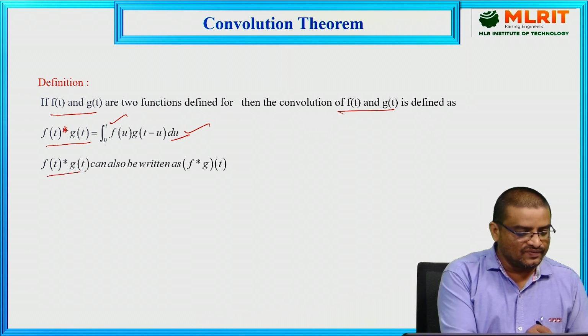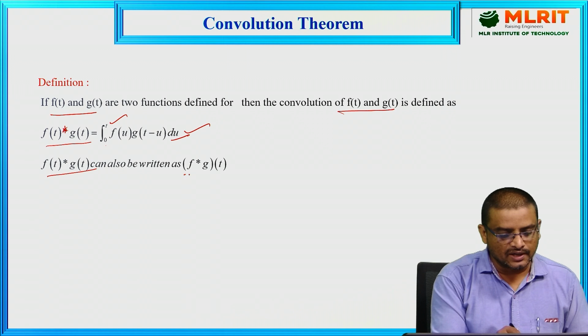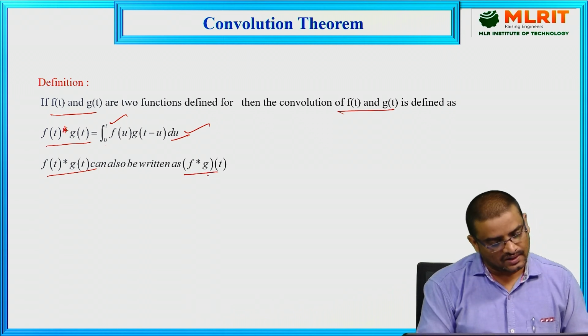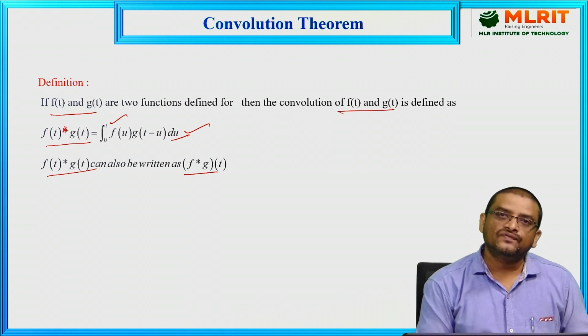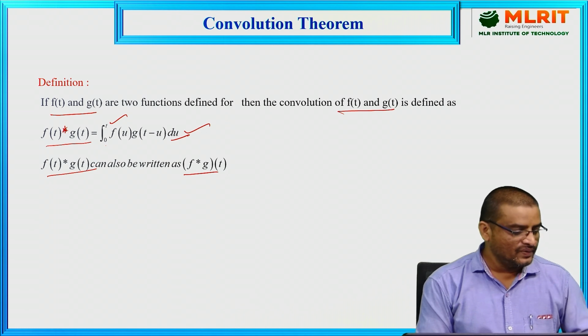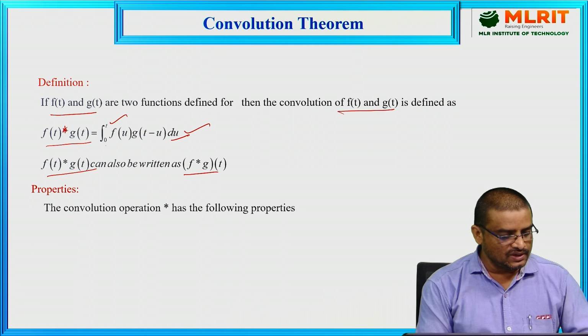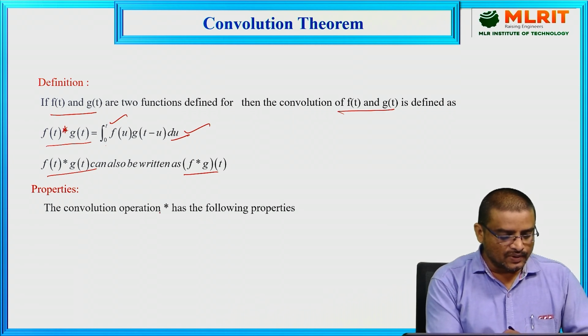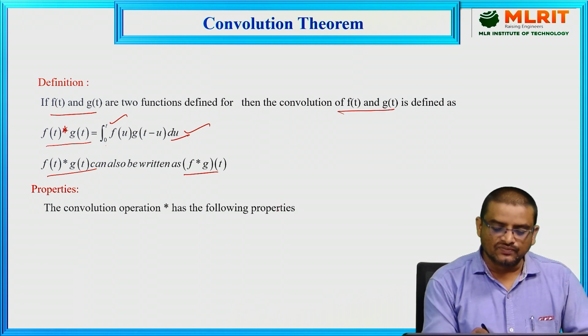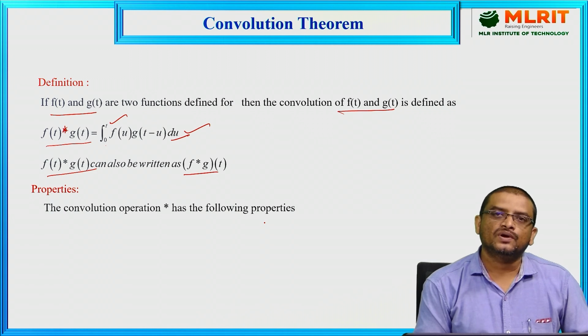So this f of t star g of t can also be written as f star g of t. Now we have some properties of this convolution product. So first we will take the convolution operator star has the following properties. We are having some properties which satisfies this convolution product.